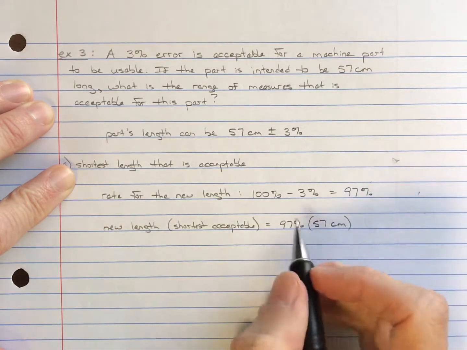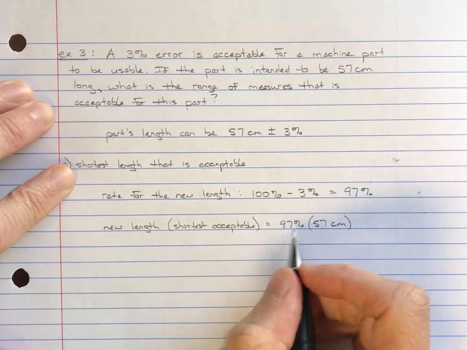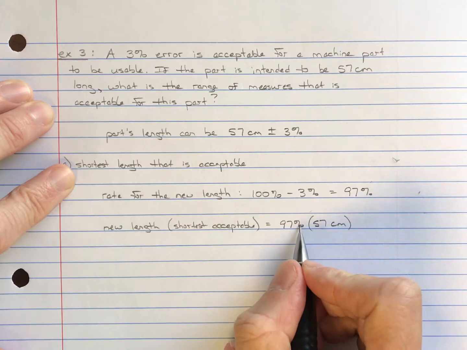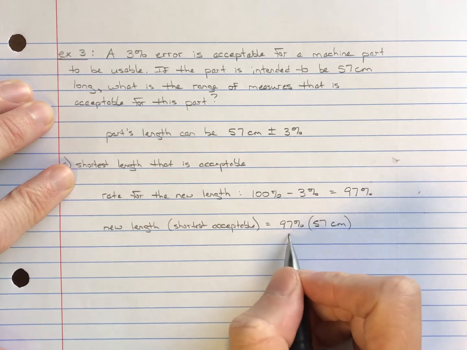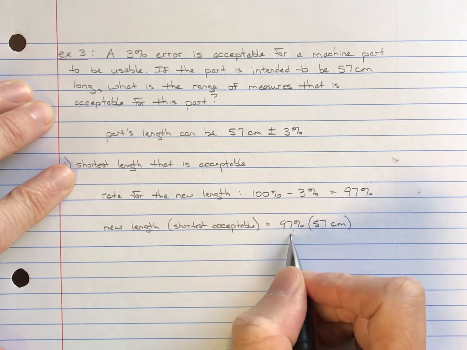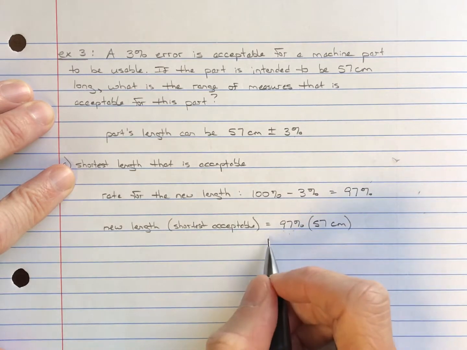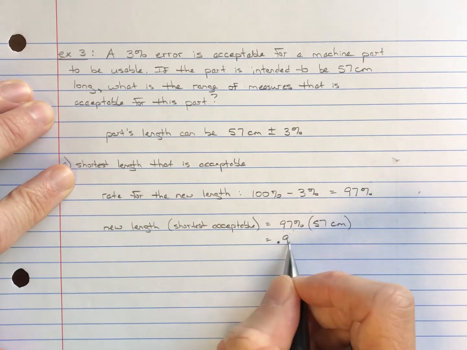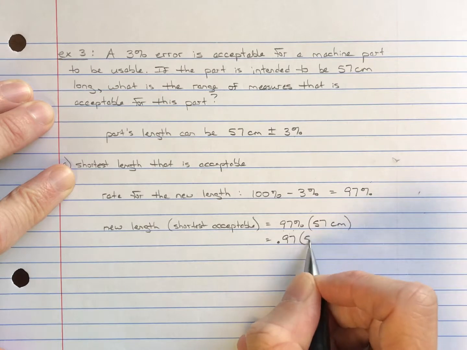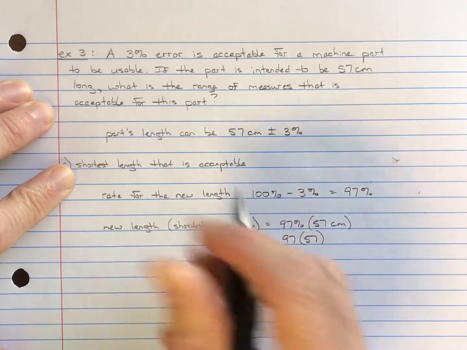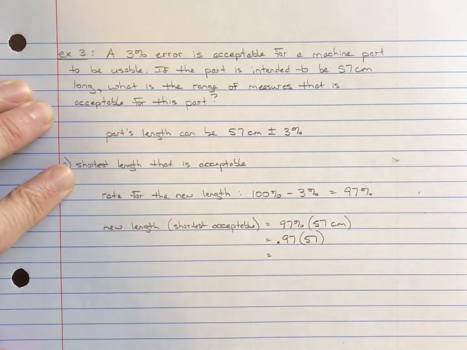Okay, and again, we know that 97% as a decimal, we drop the percent sign, write it with a 100 denominator, dividing by 100, remove the decimal 2 places left, and we have 0.97 times 57, and I'm going to pull out my calculator.